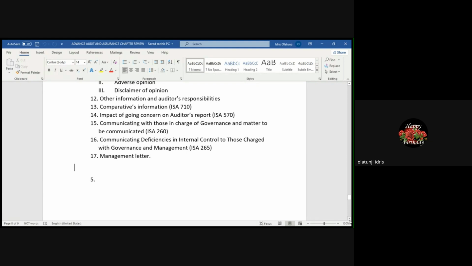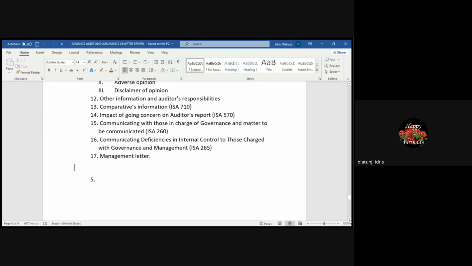For example, I'll be needing your trial balance. I'll be needing your statutory documents. I'll be needing your management letter for last year. I'll be needing your ledgers. I'll be needing all the things that we are going to use for audit work from the management.